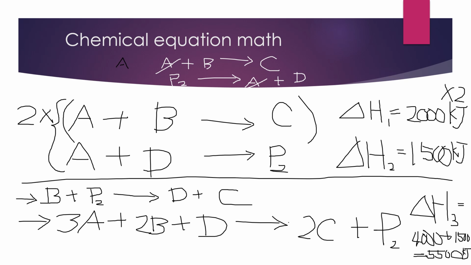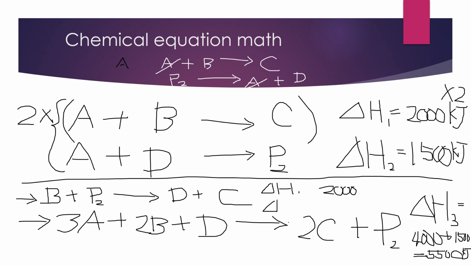So that means for our delta H, for our enthalpies, we will add delta H1 as the same, so we just keep it at 2,000. But we had to reverse the second chemical equation.